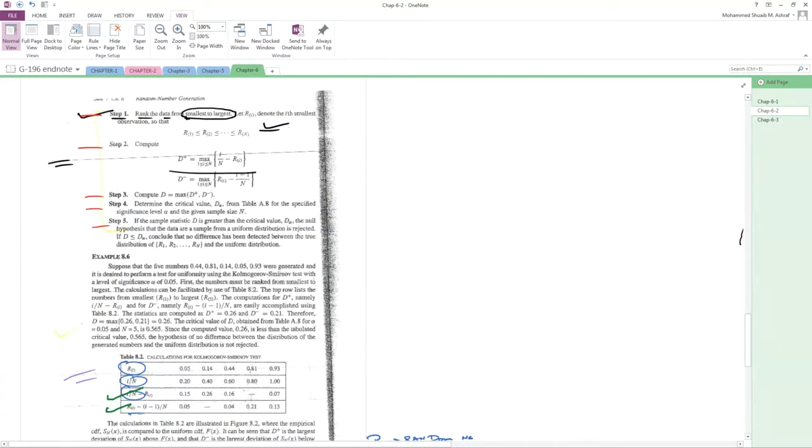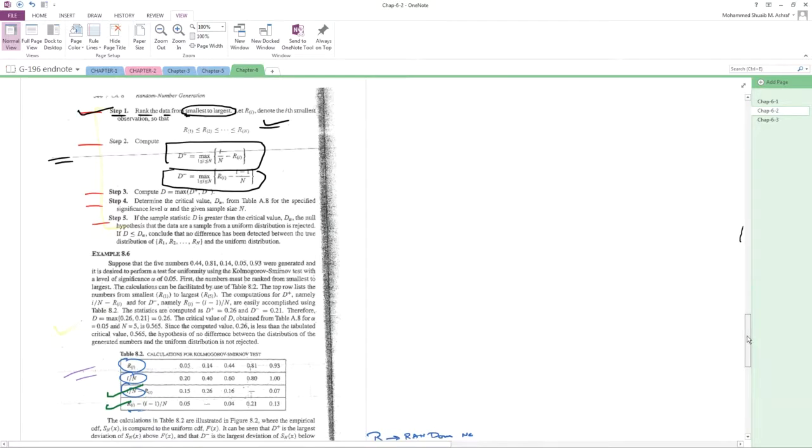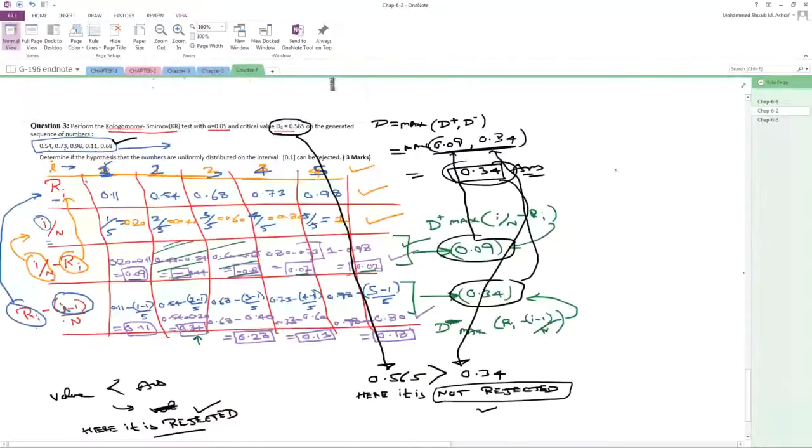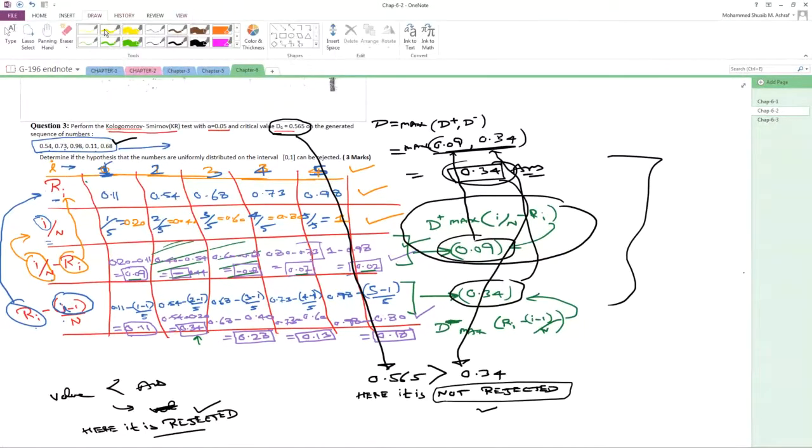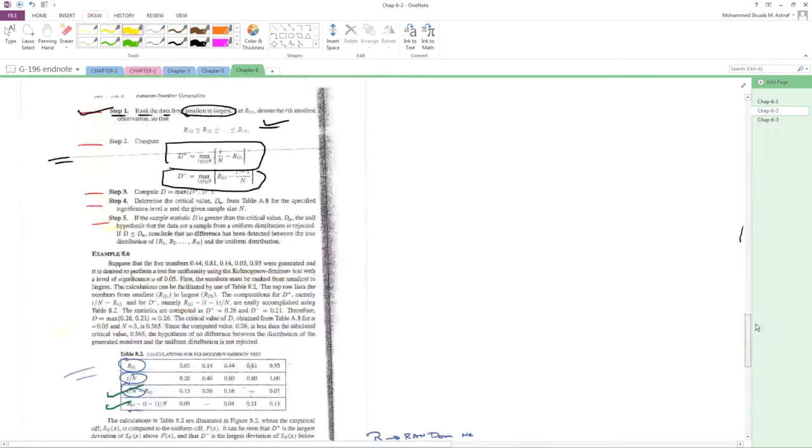Step number 2, calculate this and this. This is the table. In this table, you have to calculate this value, this value, this value and this value.